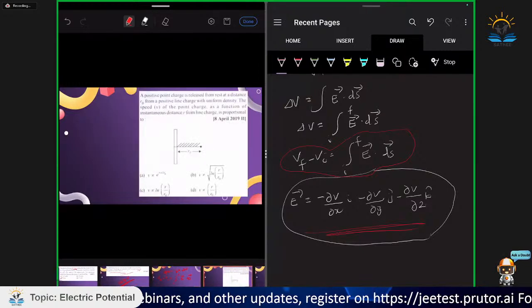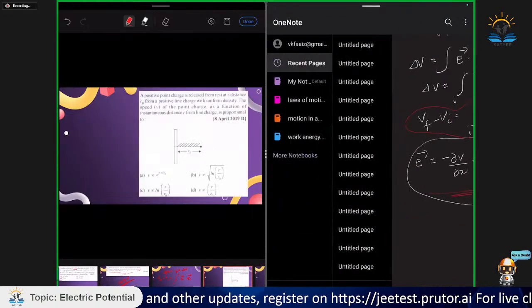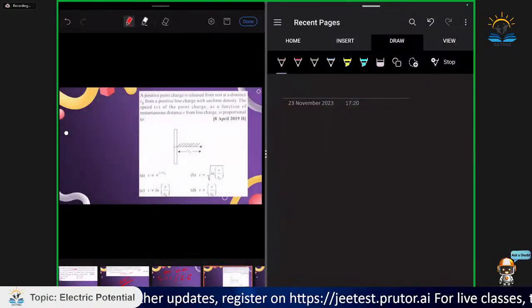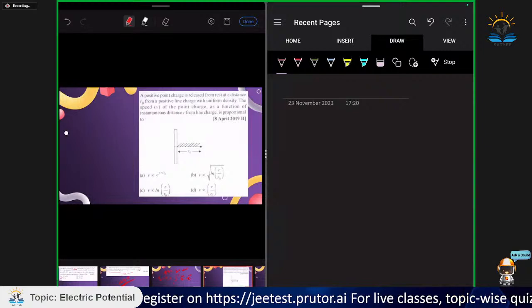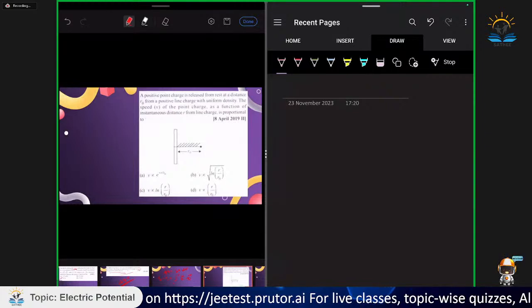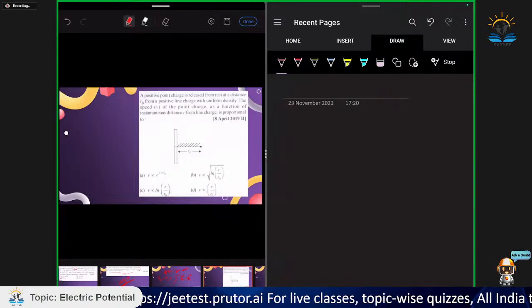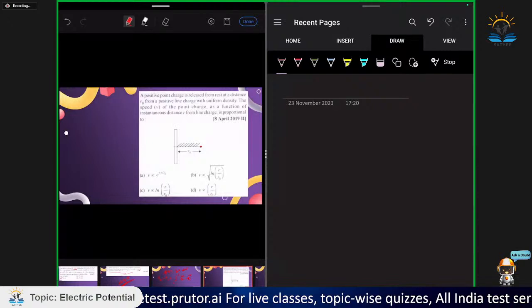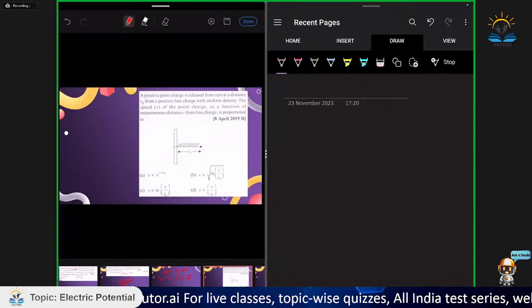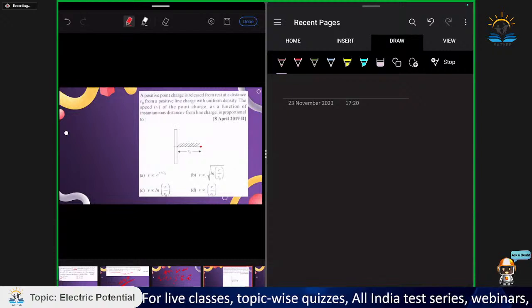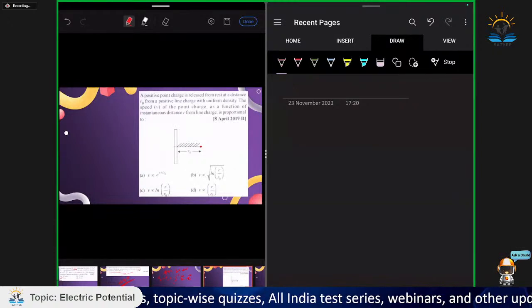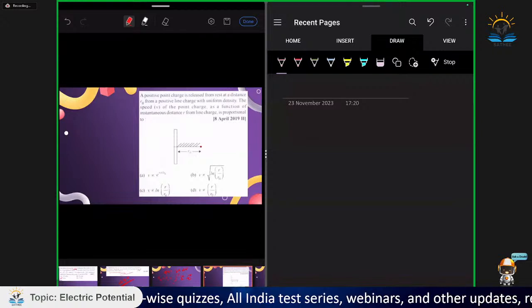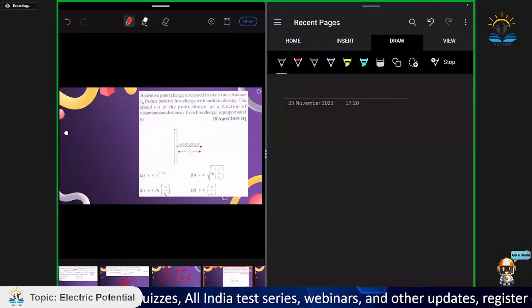Easy. Let's do one question. A positive point charge is released from rest at a distance r0. The speed v of the point charge is a function of instantaneous distance r from the line charge. Of course, this point charge will feel a repulsion.